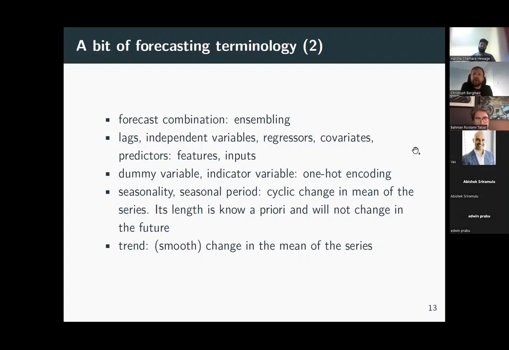And if I go 5 years into the future, this cycle would still be 5 or would still be 7, right? So it's a quite strong assumption that makes sense. But if you say, oh, this seasonal cycle, I just detect it from the data and then I have it variable and it can change, it can sometimes be 7, sometimes 8, it's usually not at all justified.